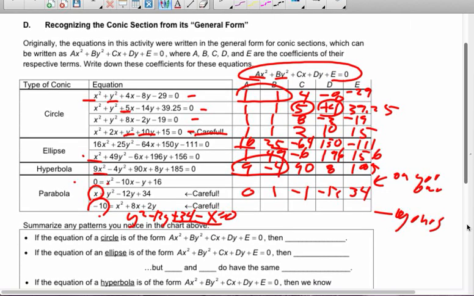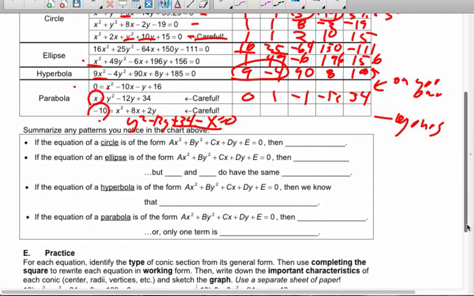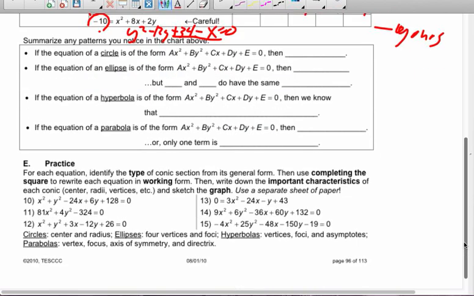And what I want you to fill in down here is the equation of the form. If this is true, then A equals B, if it's a circle. If it's an ellipse, then A does not equal B, but A and B do have the same sign.